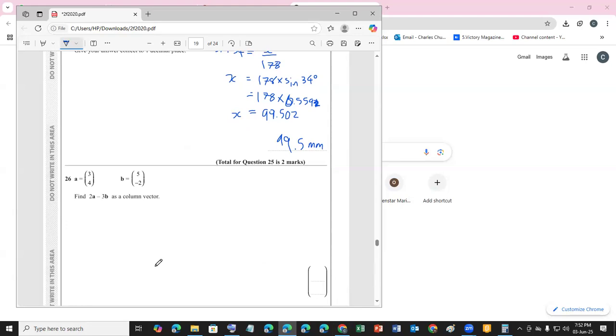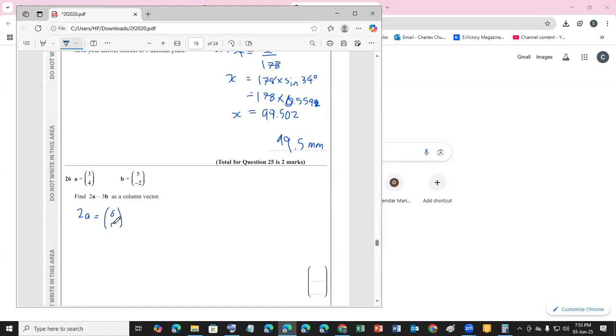Okay, so number 26 is matrices, right? Yeah, it's a matrix. So 2A, what do you think this is going to give us? 6 and 8. Yes, 6 and 8, correct.